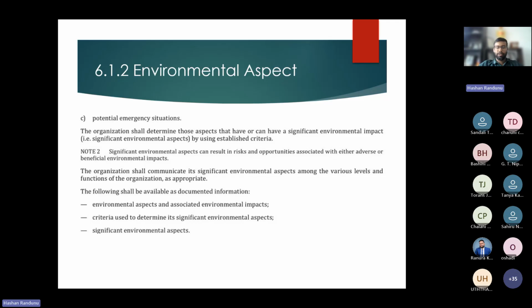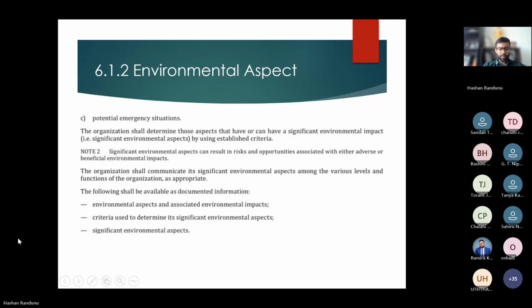Suppose the emission to the environment is a significant environmental aspect from the boiler, then the boiler operator should have awareness about that significant environmental aspect and the impact due to that aspect, right? So the relevant environmental aspects and impacts, we need to communicate to relevant parties along with their actions, right?